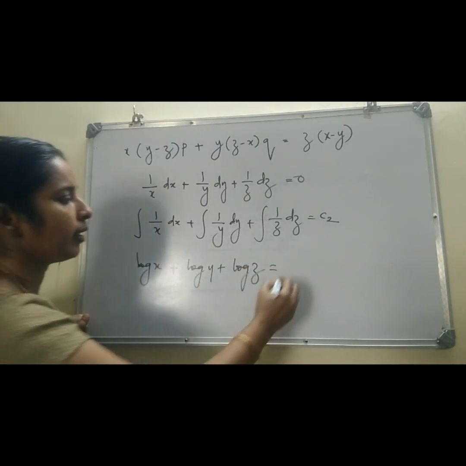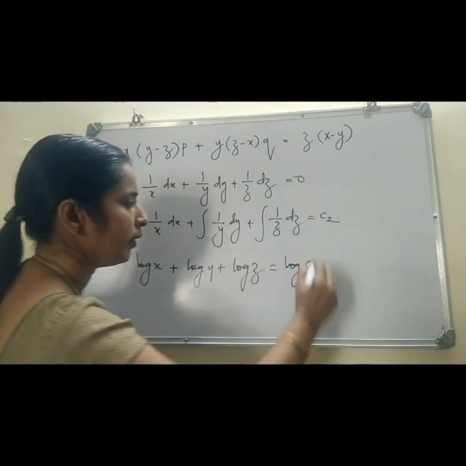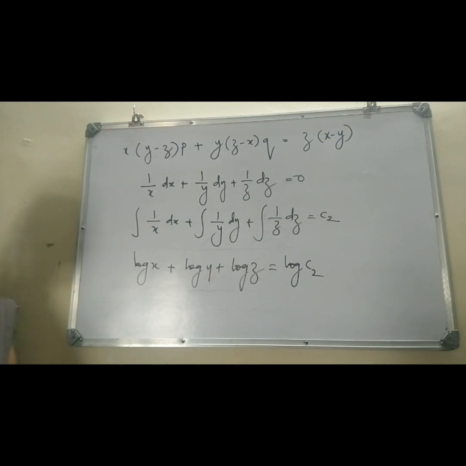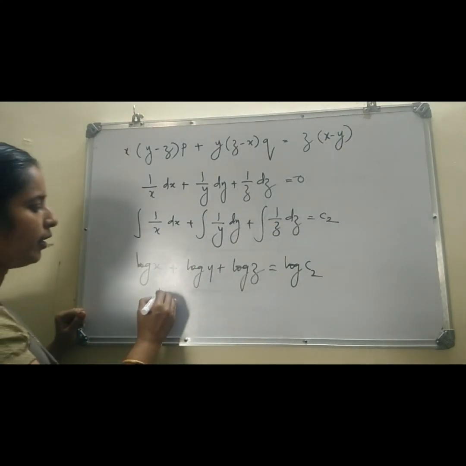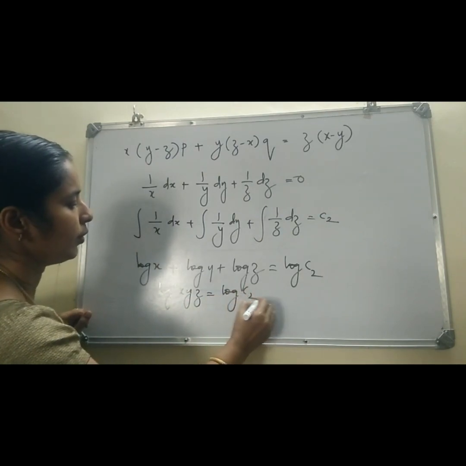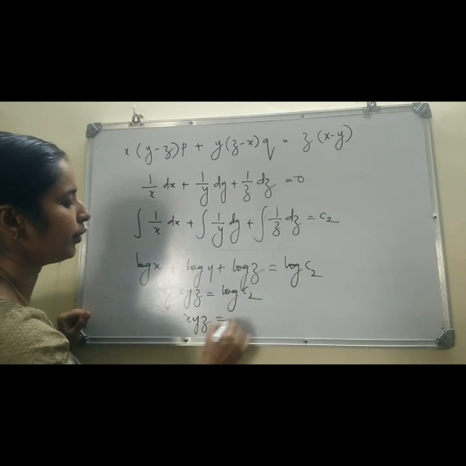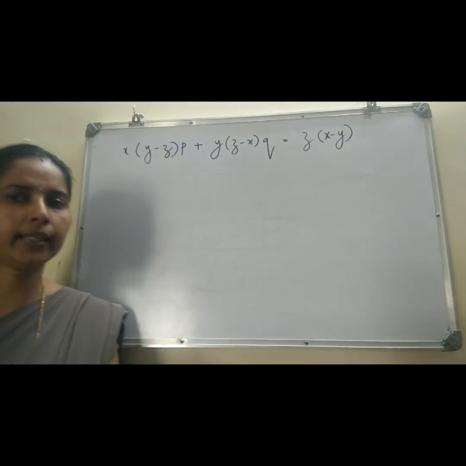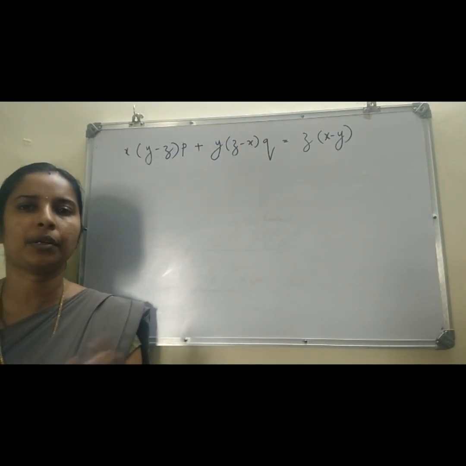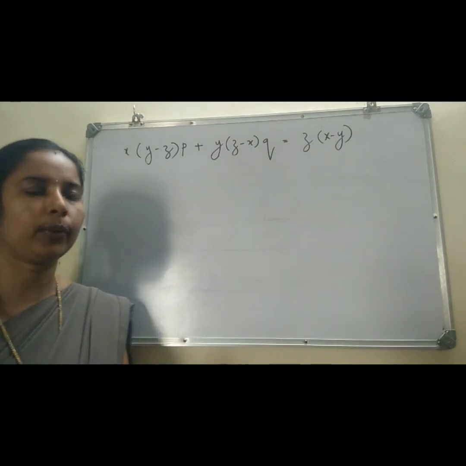You keep the constant as log C2. Also, you can rewrite C2 as log C2 since C2 is an arbitrary constant. That is log xyz is equal to log C2. That is xyz is equal to C2. We have two solutions of the auxiliary equation. So, we can easily write the solution of the given partial differential equation.